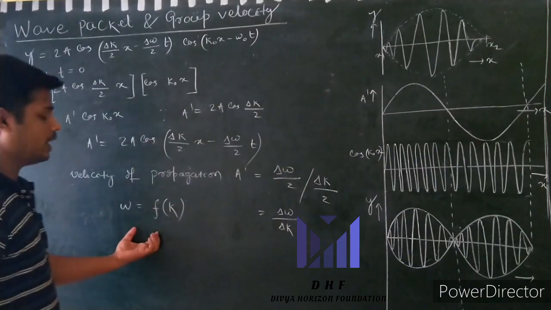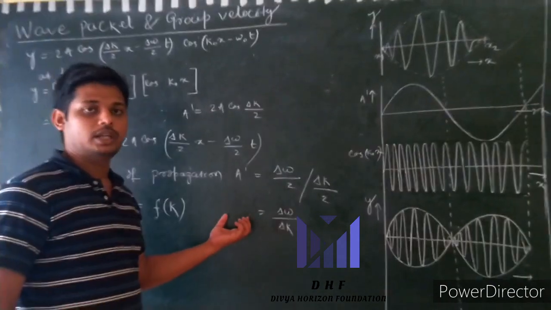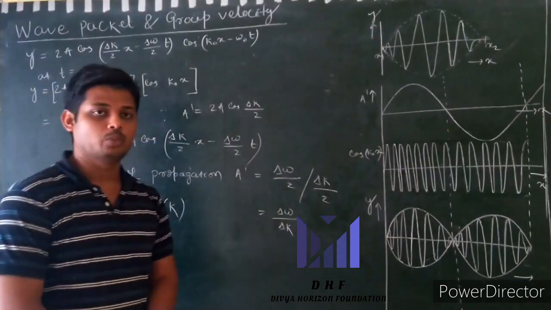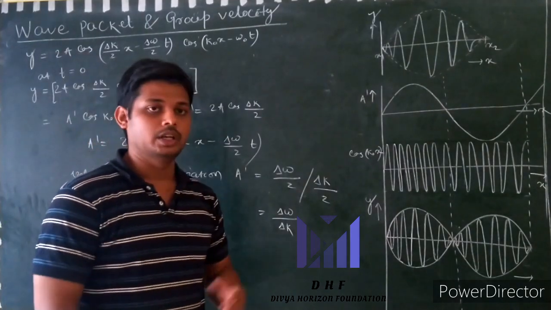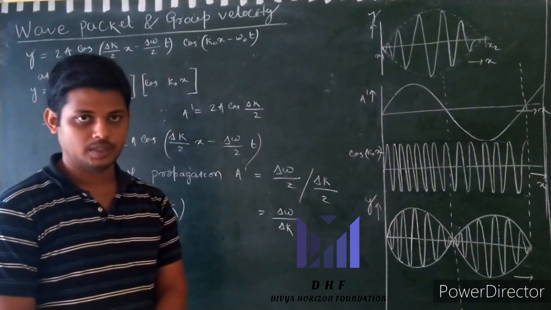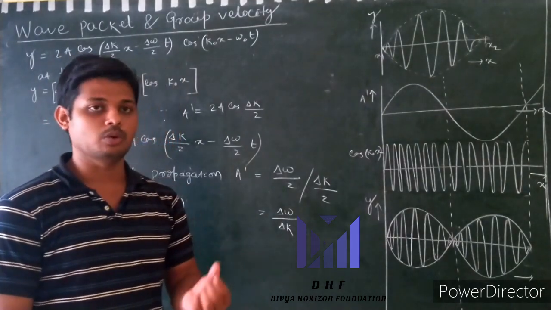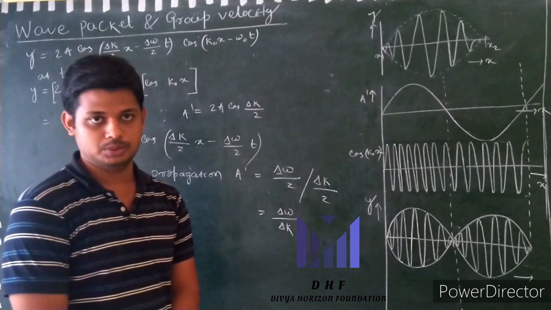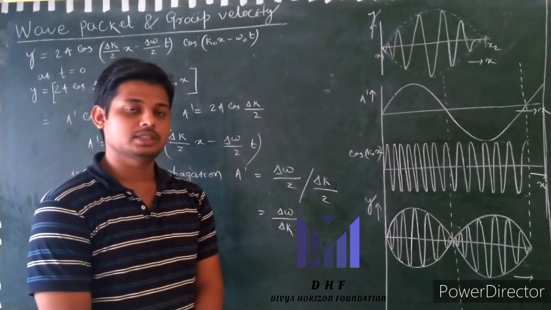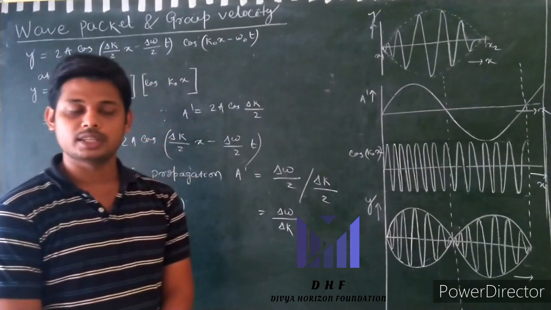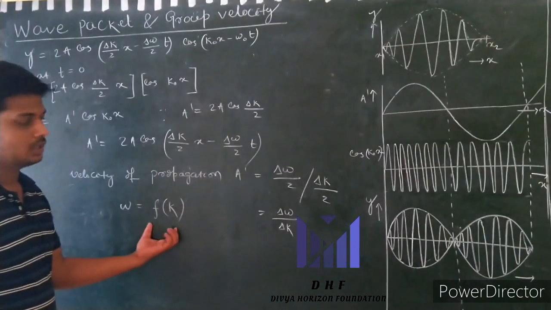How can we say that omega is a function of k? Because in our daily life, the wave packet we observe is made up of numerous monochromatic waves having different k and different omega, and these values of omega and k are continuous, and also for each omega there is a value of k. So we can say that omega is a function of k.